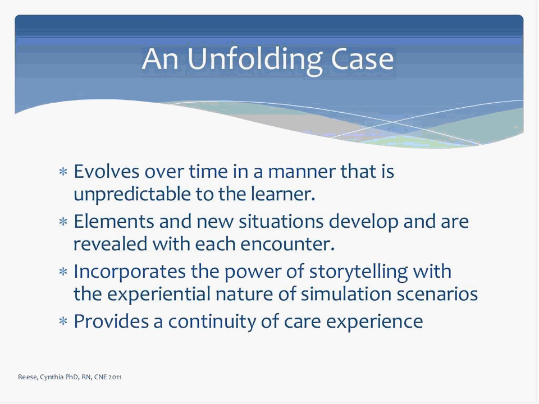For example, with Millie, the case study we'll talk about here shortly, in the second scenario, we have a fall risk. She's had a near fall. That's a new element that was added in. In the last simulation, she's getting sent home, and her family's worried about safety at home, so we have to worry about those types of issues.